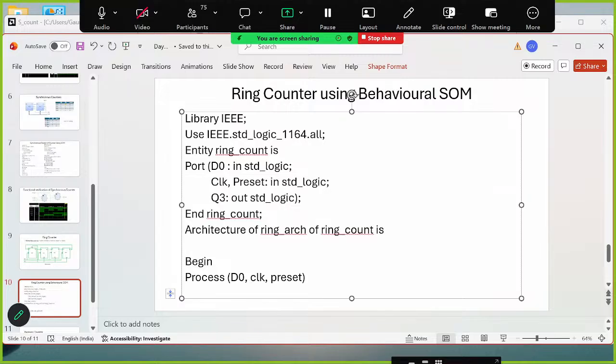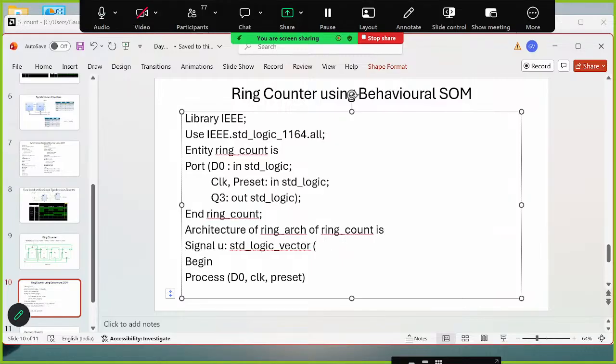First of all, if I want to design it with a signal, signal u : std_logic_vector(3 down to 0).